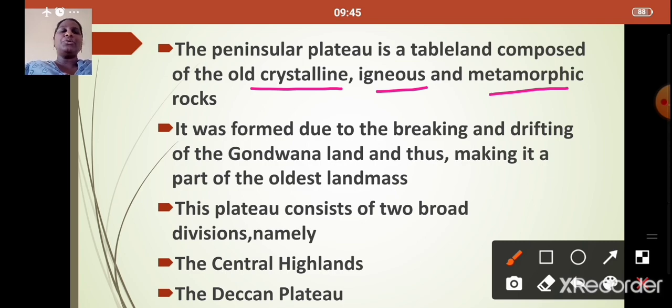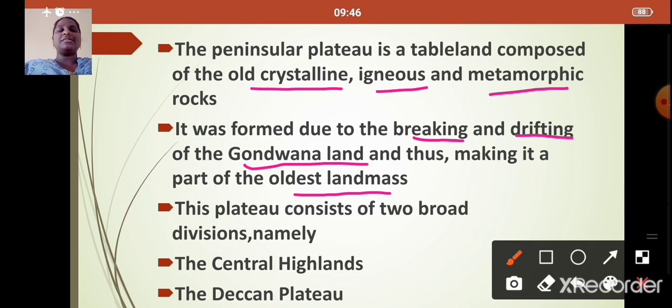It was formed due to the breaking and drifting of the Gondwana land and thus making it a part of the oldest landmass. So how was Peninsular Plateau formed? It was formed due to the breaking and drifting of the Gondwana land, so Peninsular Plateau is the oldest landmass.